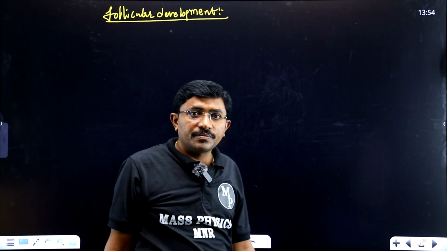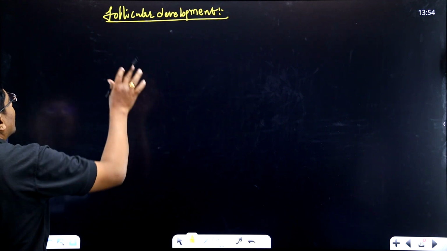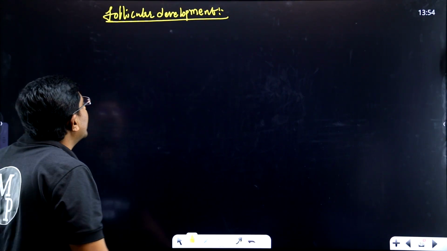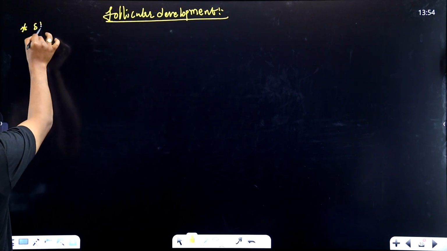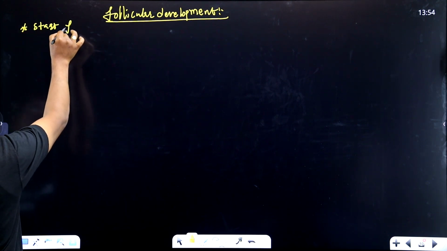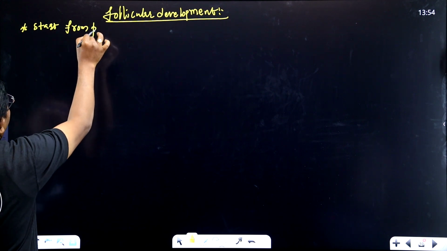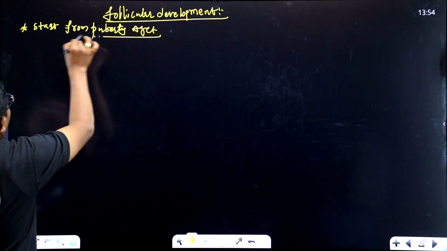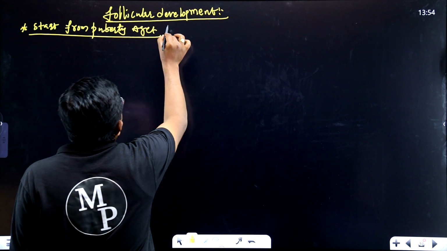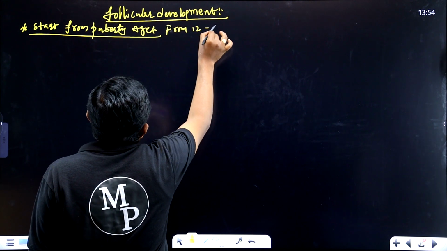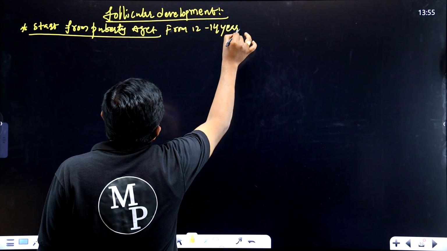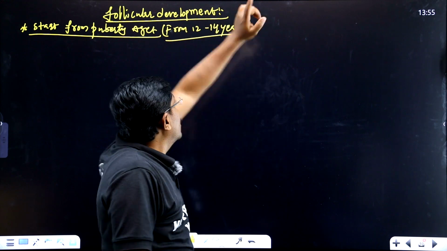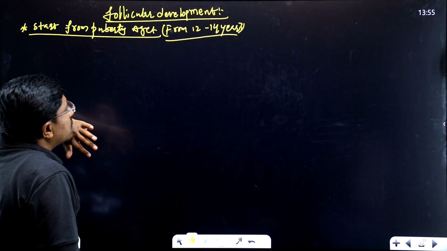The follicular development process begins from the puberty age only, which means from 12 to 14 years of age. From 12 to 14 years of age, the follicular development process starts.